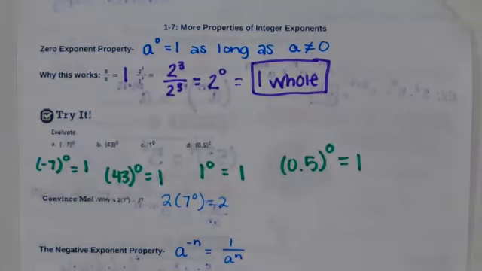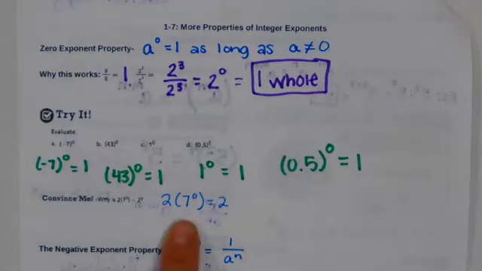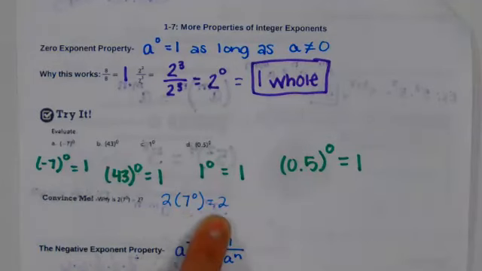Now where it gets a little more complicated is when you have something under here. It says, convince me, y is 2 times, and this is times because there's nothing between the 2 and the parentheses, 7 to the 0 power equal to 2.